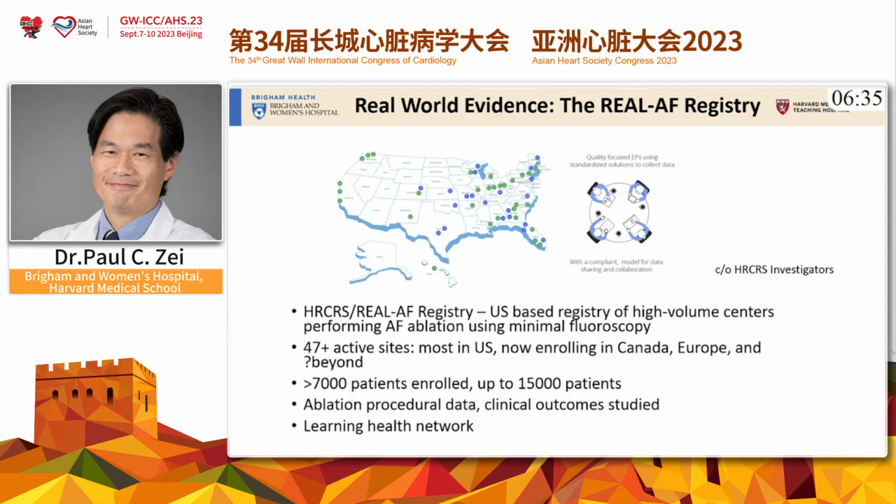They perform mostly either zero or very low fluoro approaches already, and we are just tracking outcomes based on a standard approach to ablation, a standard of practice for clinical management and follow-up, including arrhythmia monitoring for long-term clinical outcomes. We currently have nearly 50 centers involved and a little over 7,000 patients enrolled, with a goal of about 15,000 patients.